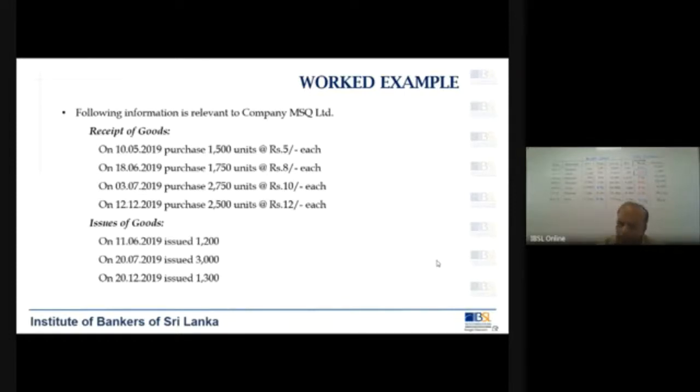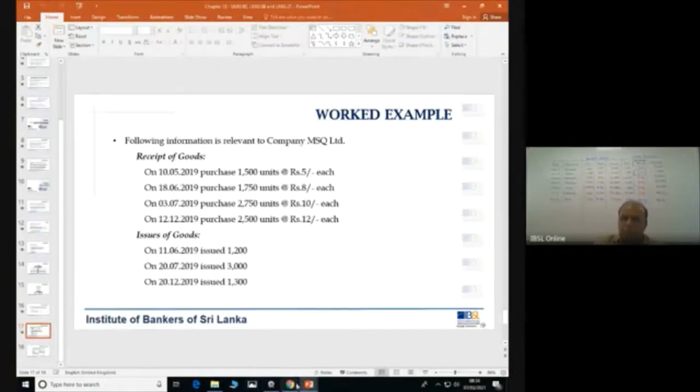Okay, right. So you would have observed that the closing stock quantity, of course, will be the same under the FIFO method or the weighted average cost or whatever. But what was the value under the FIFO method?